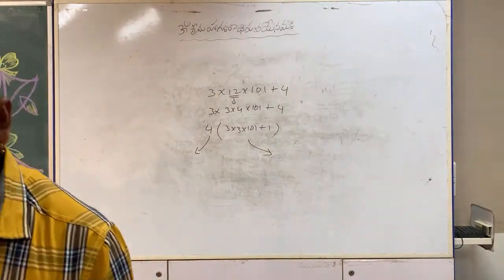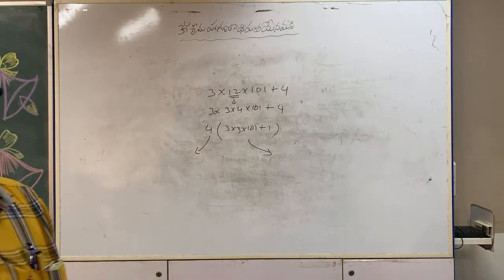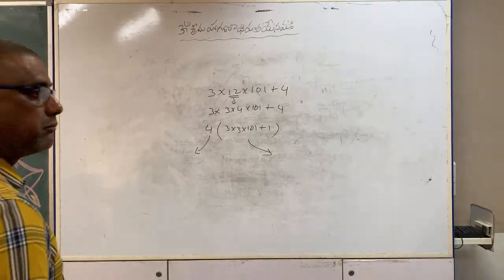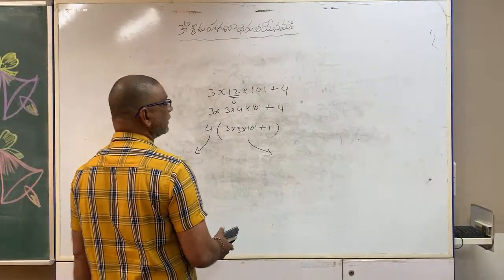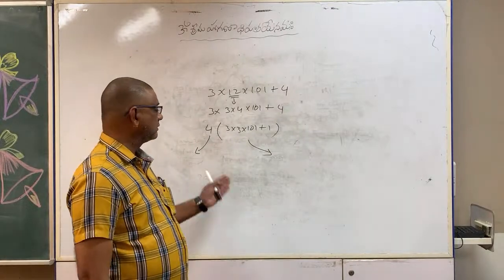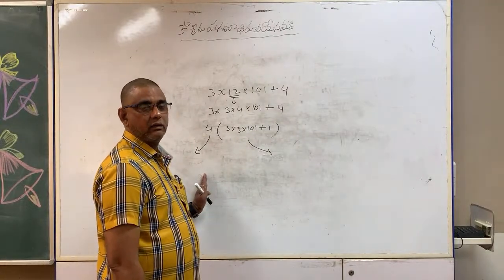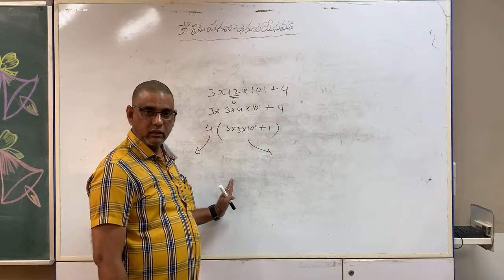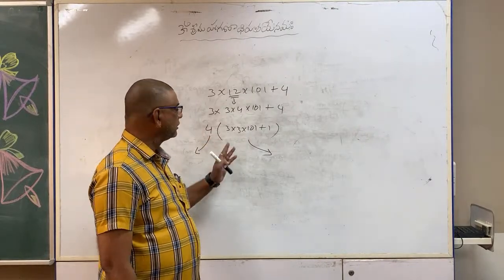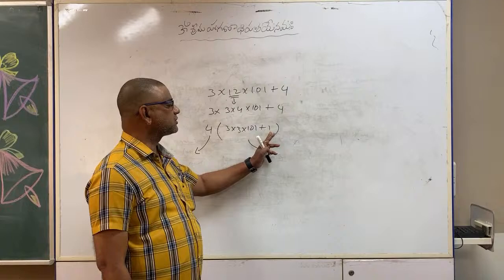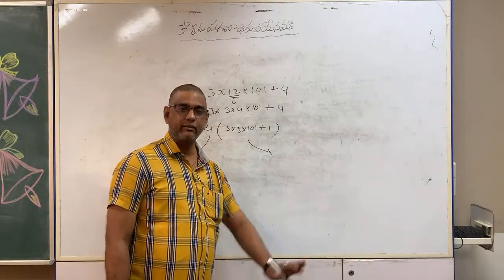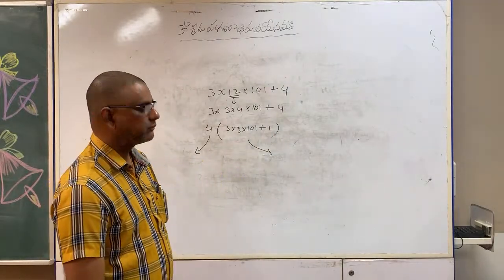It is not a prime number. So how to write? The given number and 1, 4, 3 into 3 into 101 plus 1 are the factors of the given number, so it is a composite number. Okay na?